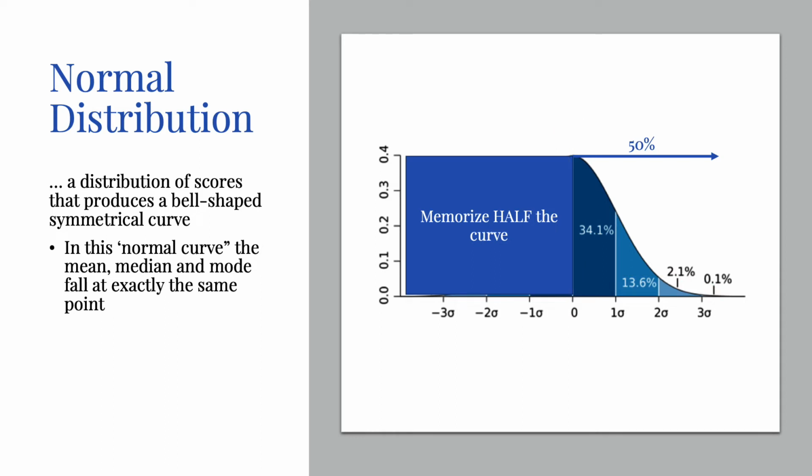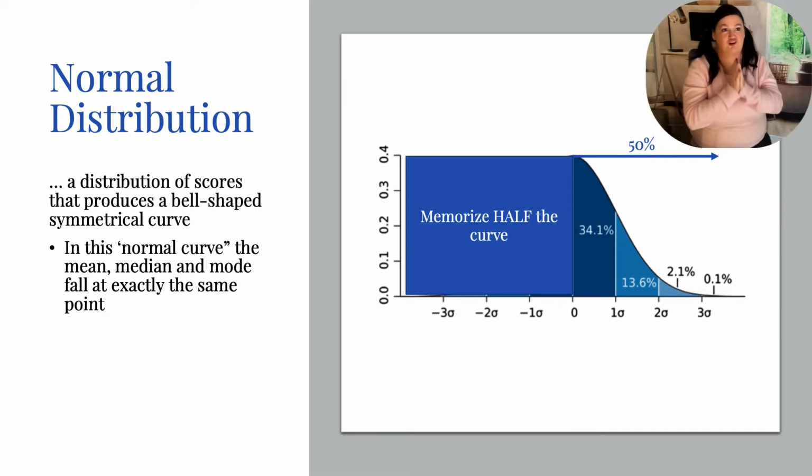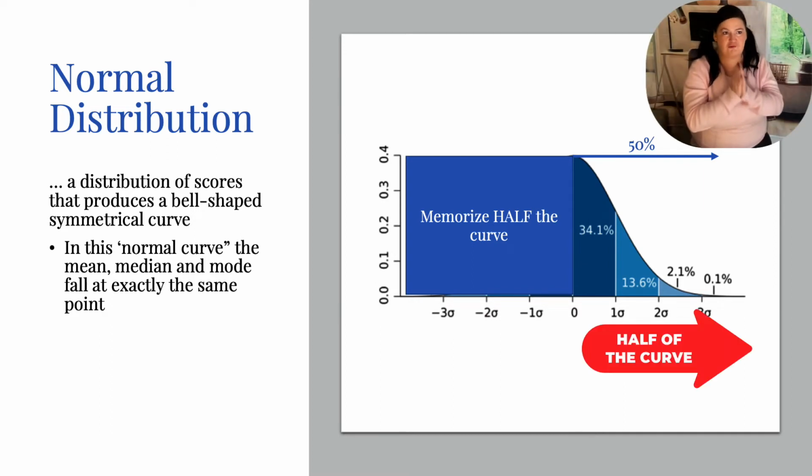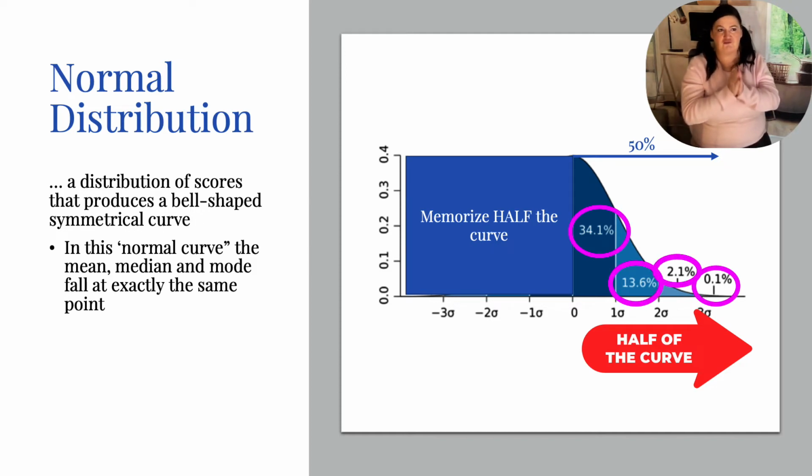So what I recommend that you memorize is half of the curve, because anytime there's a normal distribution of scores, these percentages that you see here in the white and then in the black on the outside will always be the same.